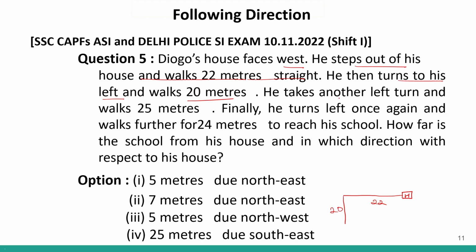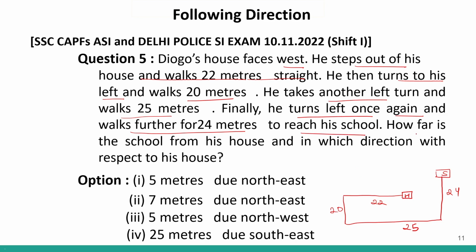Then another left and walks 25 meters. Then he takes a left once again and walks further for 24 meters. There he reaches his school. So this is how the school is.